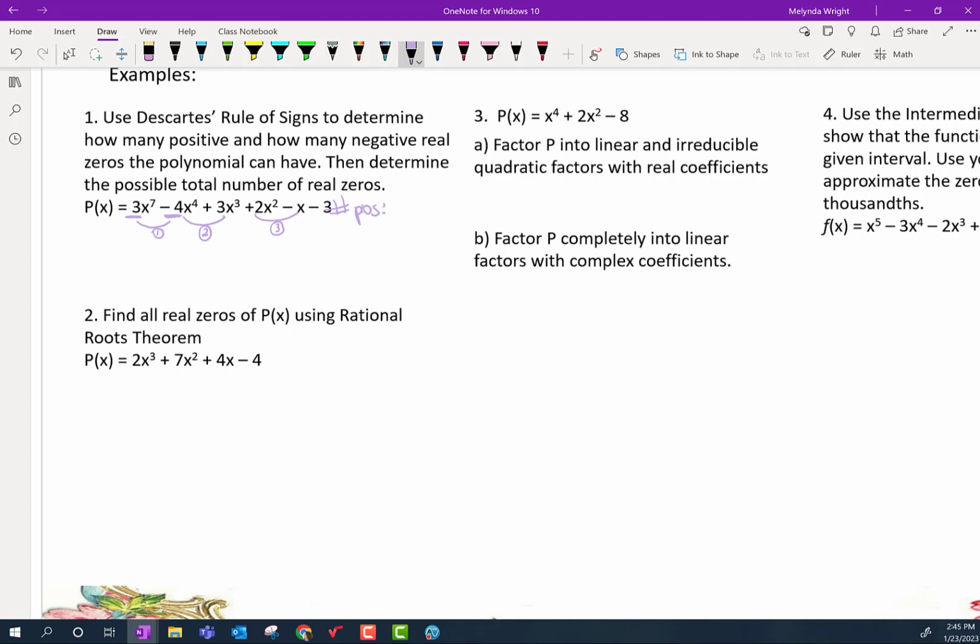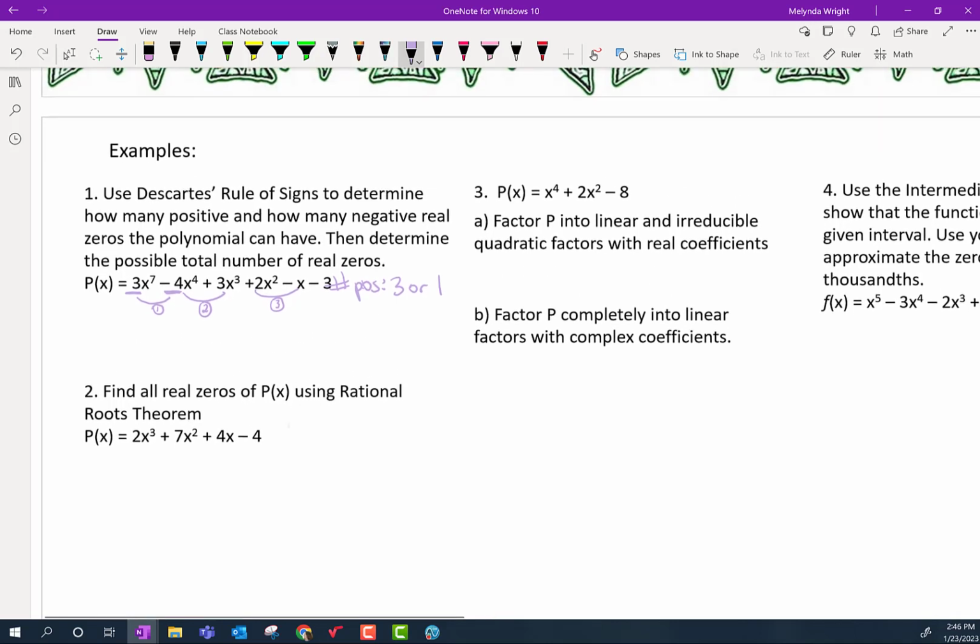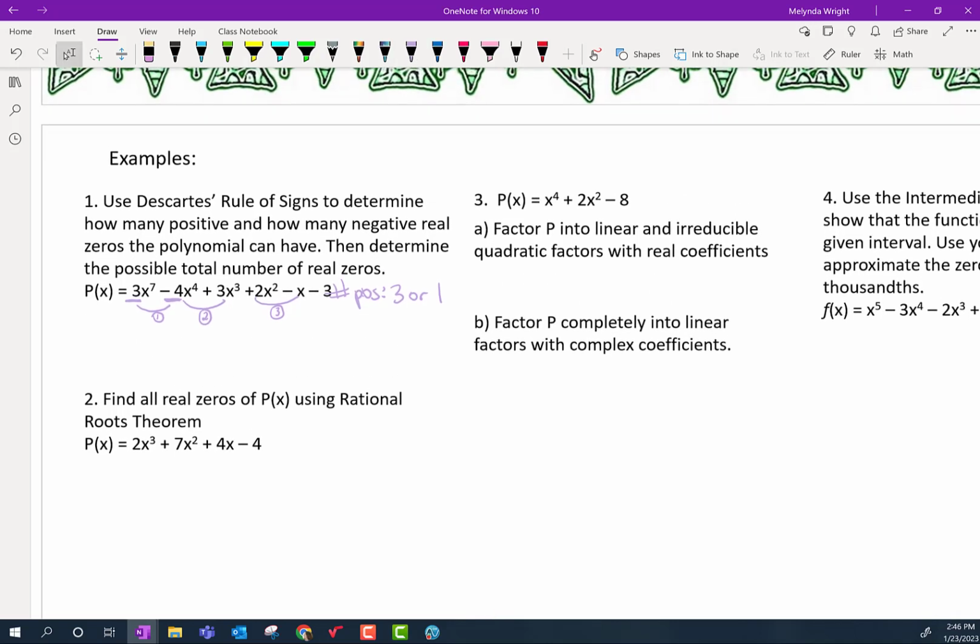So the total number of positive real zeros is going to be either 3 or, I have to subtract 2 from 3 until I get down to nothing, 3 or 1. Now I'm going to do a little aside up here. What if, this is an example, I had 6 possible positives?